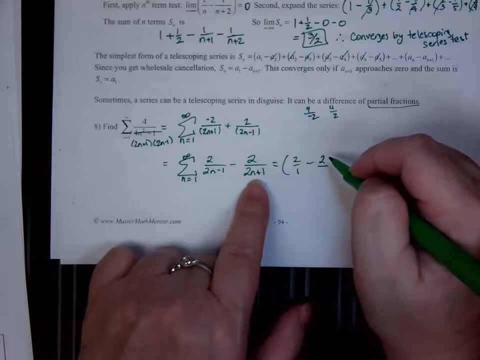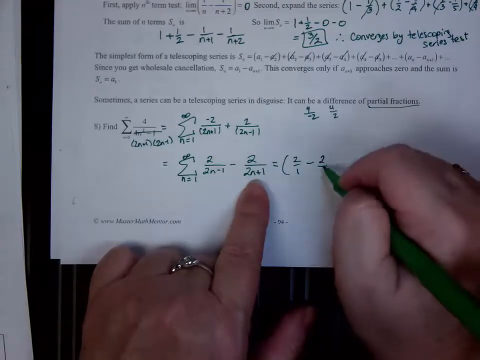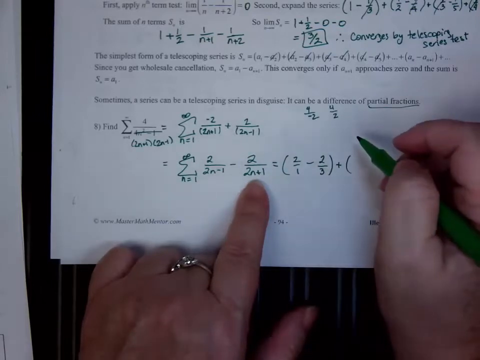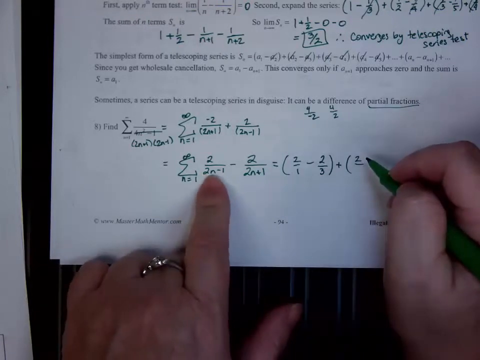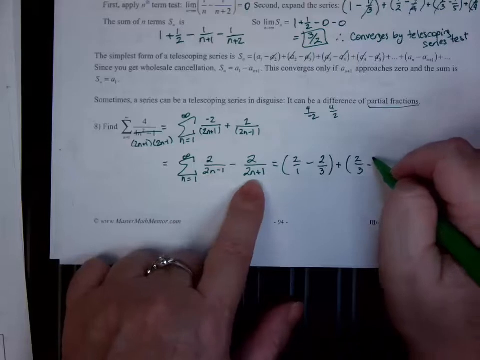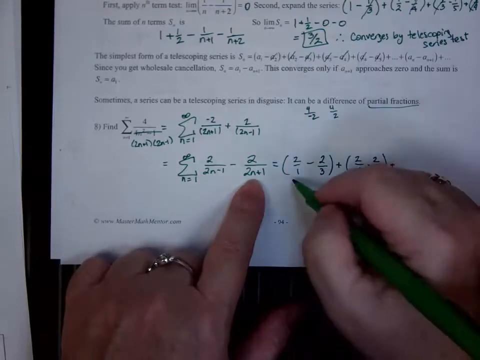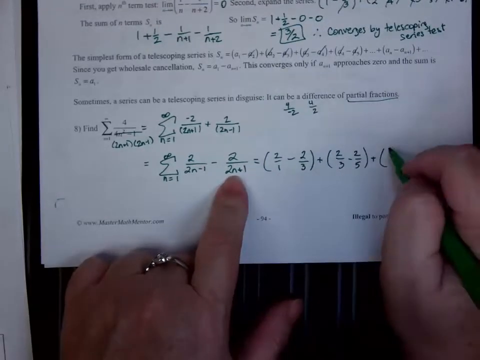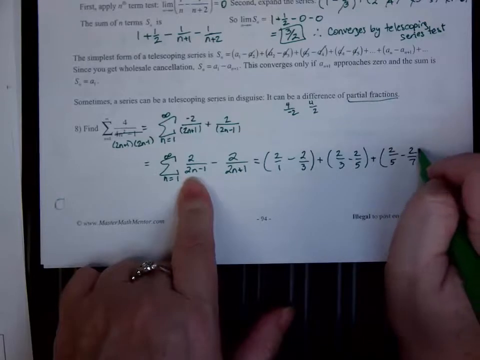Plugging 1 into this denominator, 3, plus 2 over 3 minus 2 over 5. Oh, look, 1, 3, 3, 5. Do we see a pattern brewing here? 2 over 5 minus 2 over 7 plus dot, dot, dot.